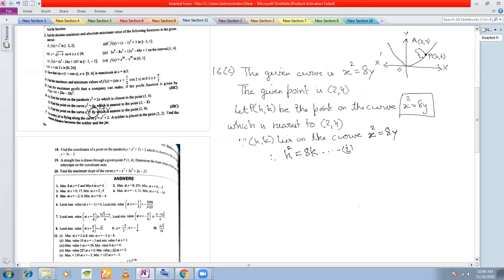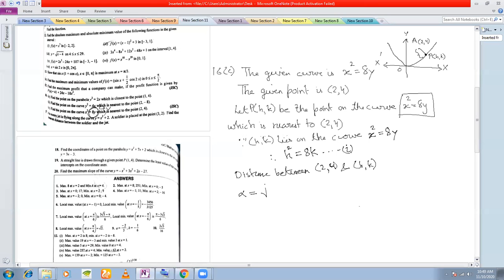Call this 1. Now what is the distance between (2, 4) and (h, k)? Say I call this distance alpha.